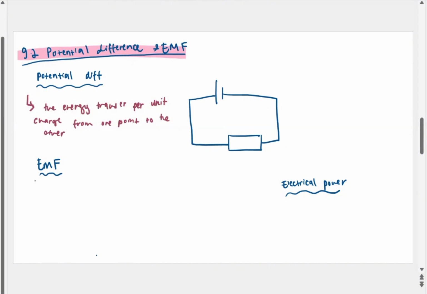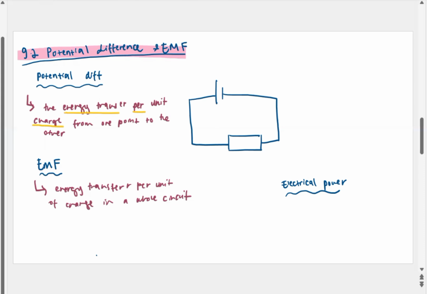And EMF, its definition is the energy transferred per unit of charge in a whole circuit. Alright, so let us underline the main keywords from these two definitions. The first one is energy transfer, and then the next one is per unit of charge.